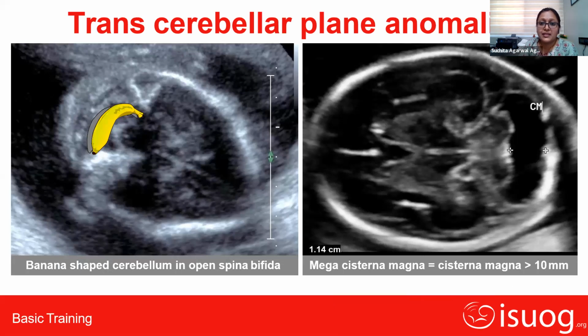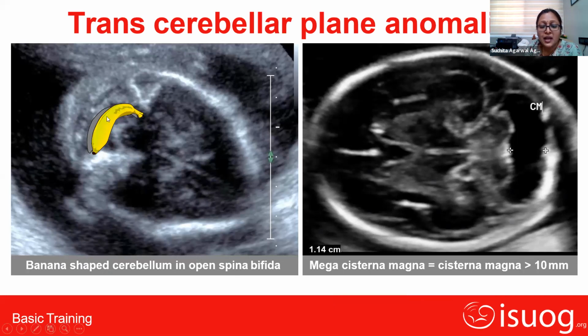Now come to transcerebellar plane anomalies. We went through the lemon sign of the open spina bifida. Now the same pathogenesis, leakage of the cerebrospinal fluid, causes scalloping of the frontal bones, and this presses the cerebellum, which becomes banana shaped.